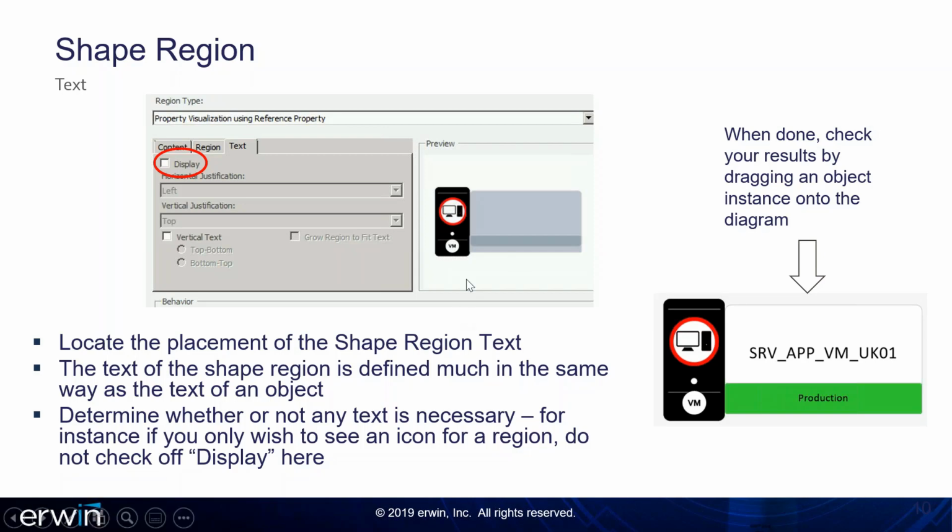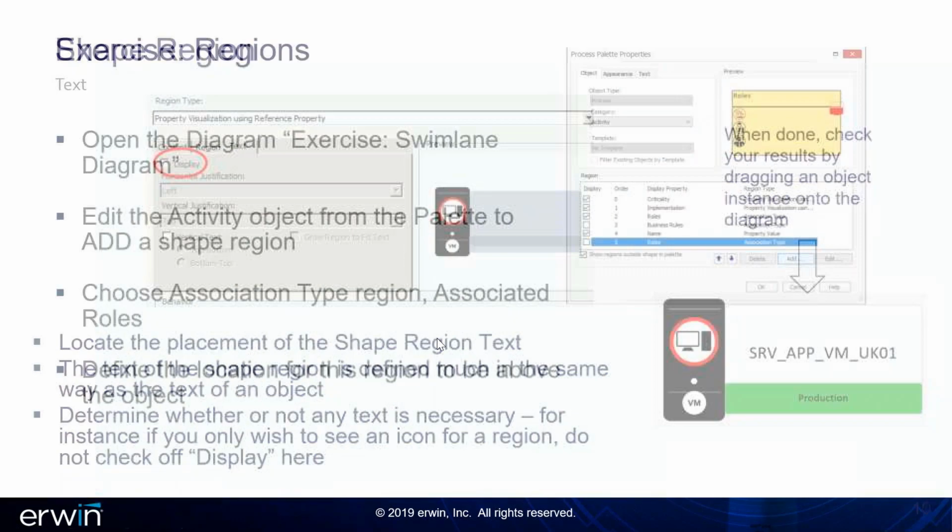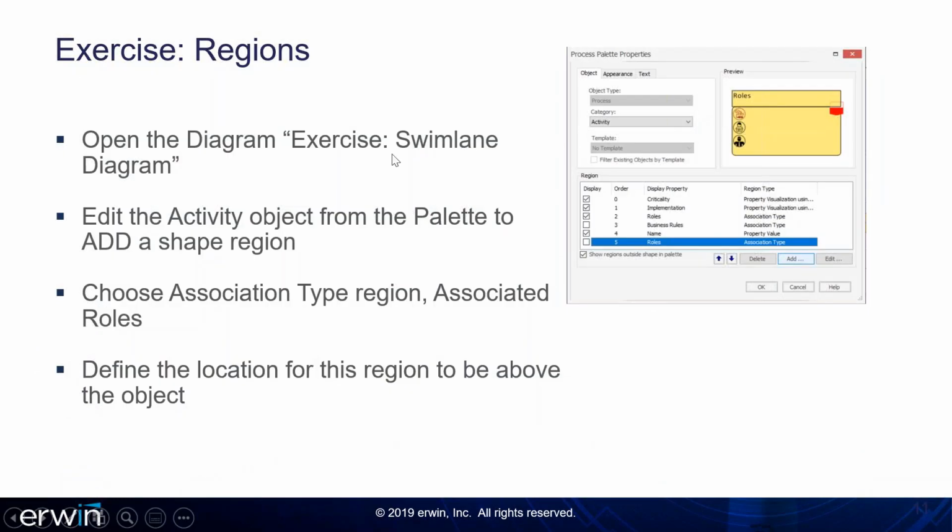And that's one thing also to keep in mind, that your shape regions must fit within whatever the parameters you've set for your object in the first place. So when you define the diagram templates and how big something should be, think about the shape region within those parameters. So we're going to do this little exercise to add a swim lane to a process object.